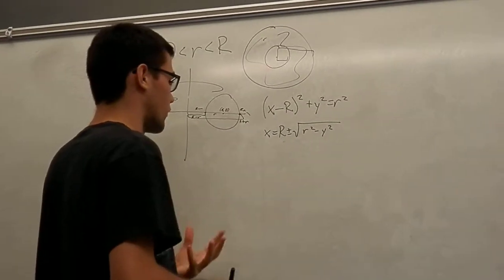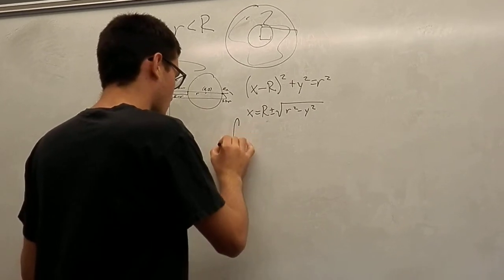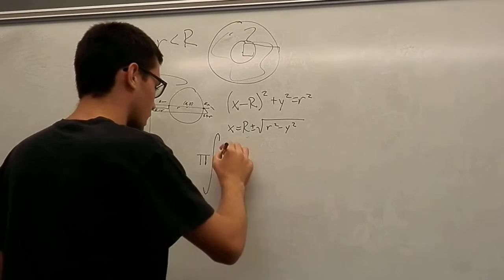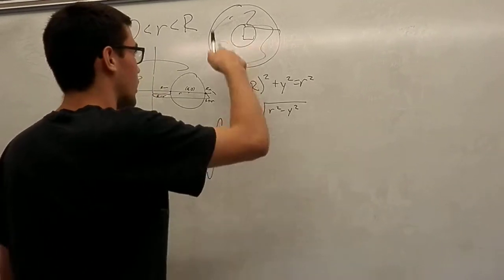So the integration for a washer is going to be pi, and since pi is a constant, we can have it inside, times the area of the washer.